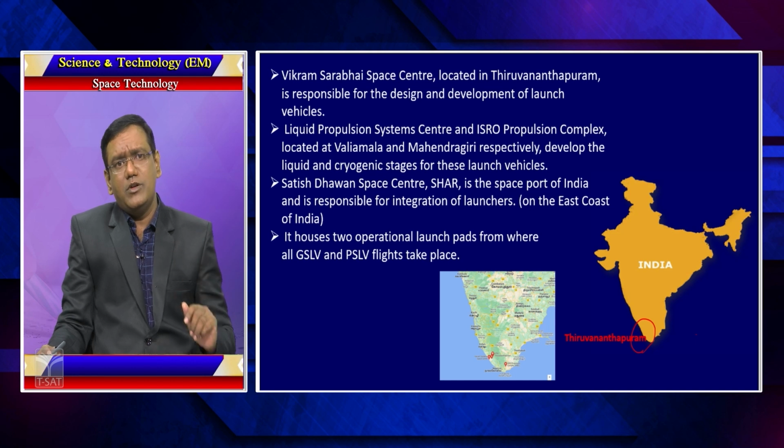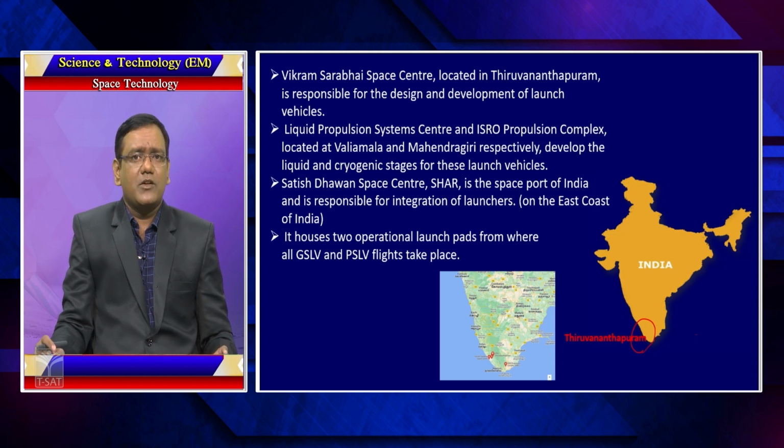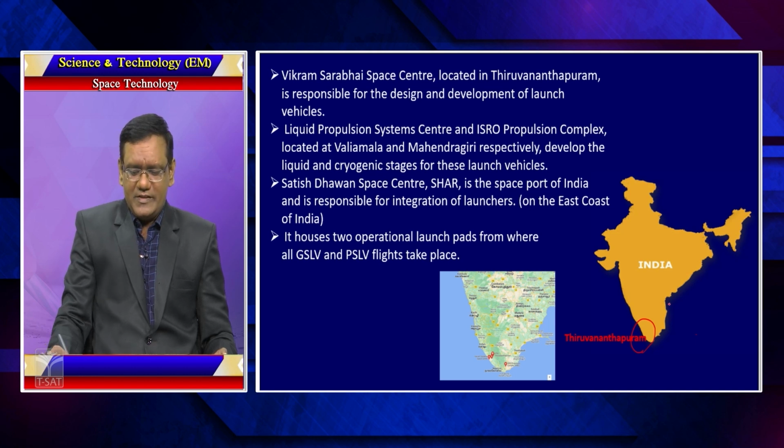And we have one more important thing, the Satish Dhawan Space Center, that is SHAR, the spaceport of India, which is responsible for integration of these launches. It is on the east coast of India, somewhere here.